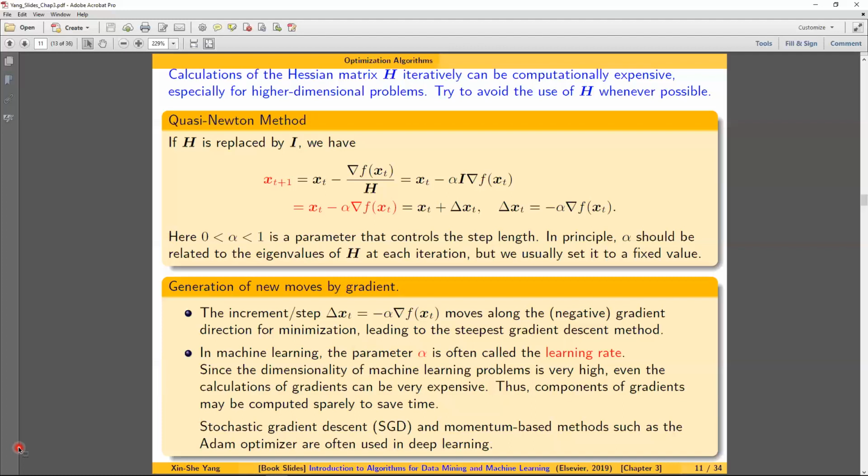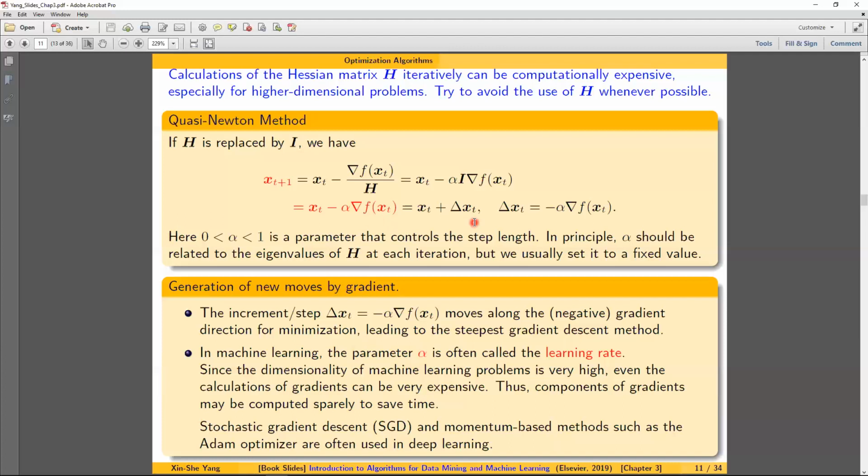If H is replaced by I, the identity matrix, then we have x_{t+1} equal to x_t minus alpha I times the first order derivative of f at x_t, which is x_t minus alpha times the first order derivative of f at x_t, and then x_t plus delta x_t.